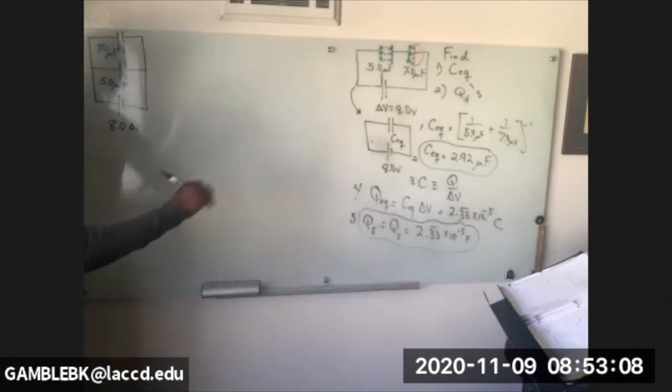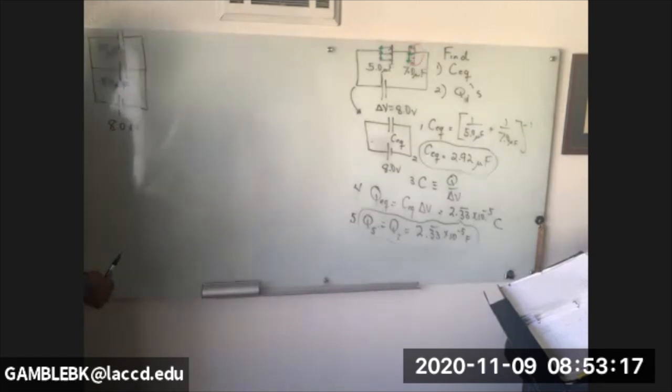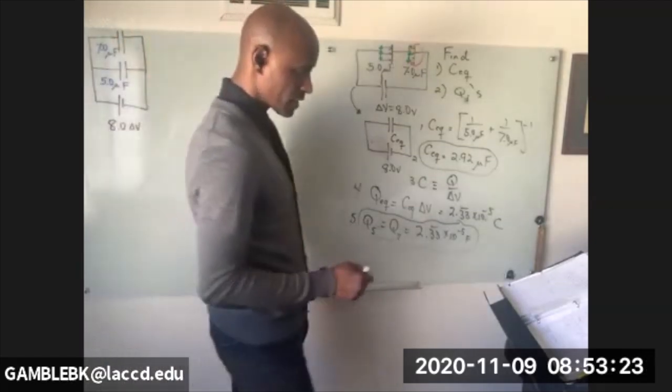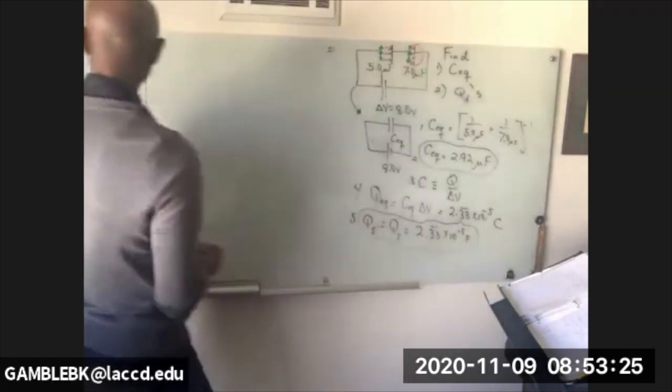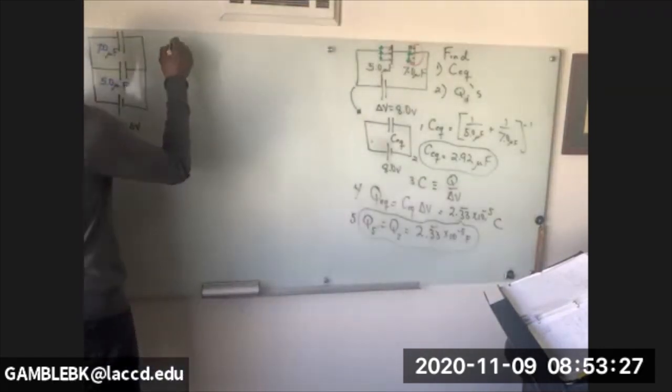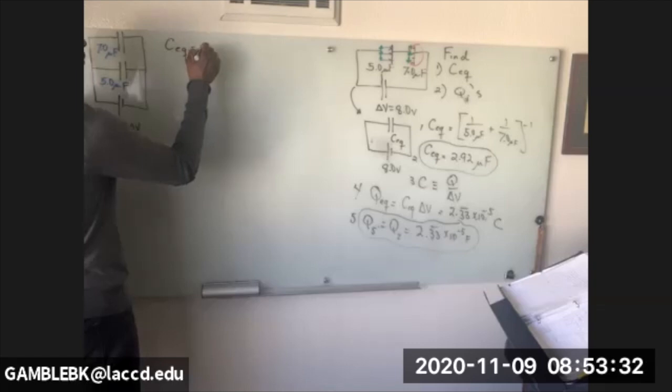It just adds straight out. So the total capacitance for that should be what's 7 plus 5? Oh my gosh, embarrassing. 12. So yeah, 7 plus 5 is 12. So 12 microfarads should be the equivalent capacitance for that guy. So C_eq is equal to 12 microfarads.